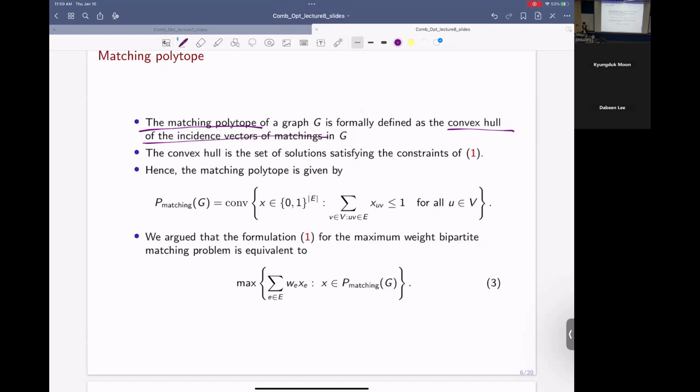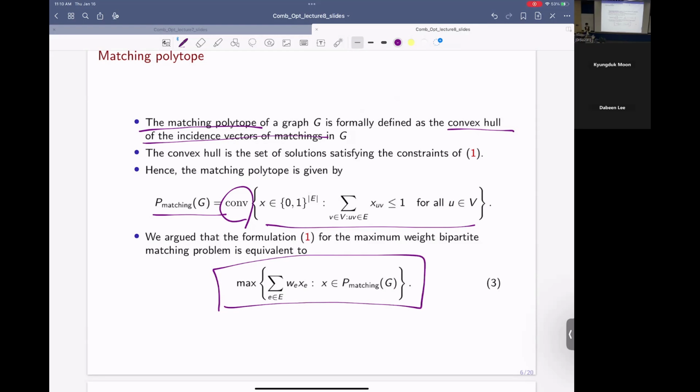Again, we proved that taking the convex hull gives you the same objective value, and this is equivalent to the original integer program. So this is the matching polytope.